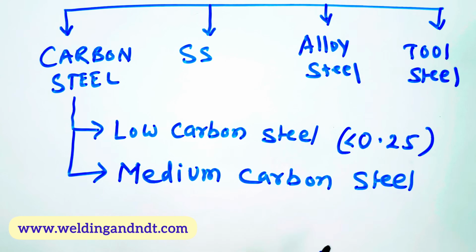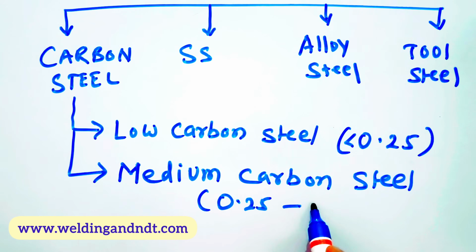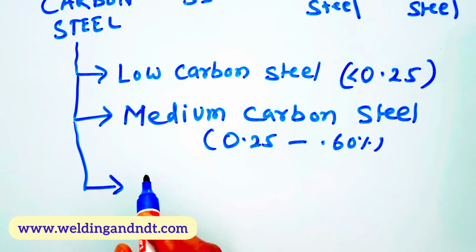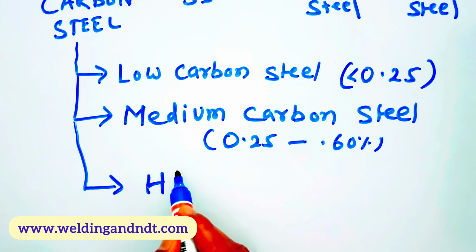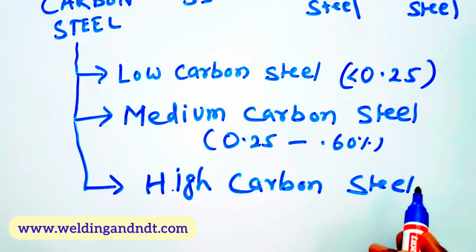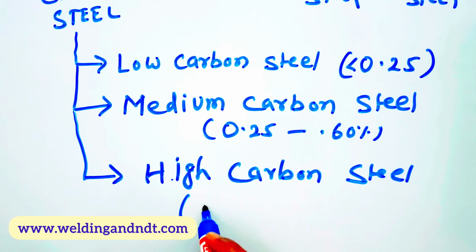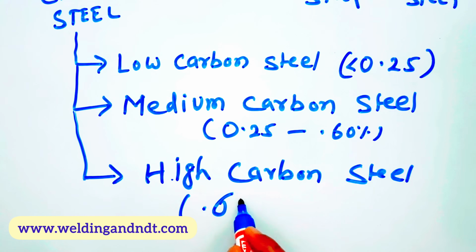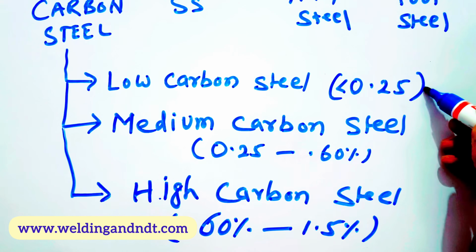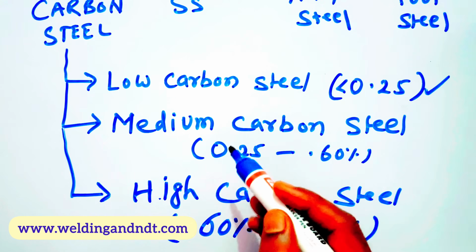And in medium carbon steel, the percentage of carbon will be between 0.25 to 0.60%. And the third one is the high carbon steel. In high carbon steel, the percentage of carbon will be between 0.60% to 1.5%.